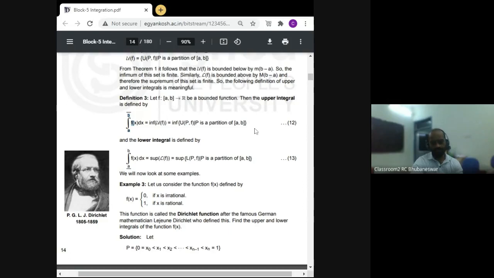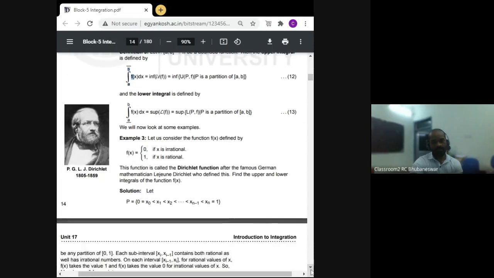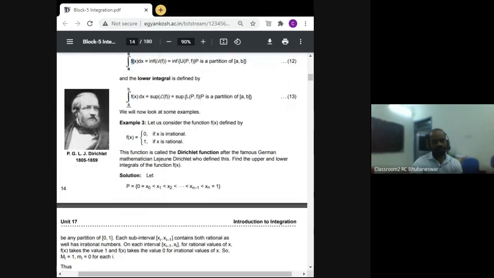In the same way, we can also calculate the lower integral of the function with respect to the partition P, and the lower integral is represented with the help of a bar on the lower part of the integral, at the lower limit a.